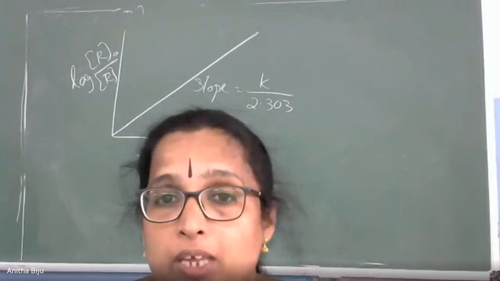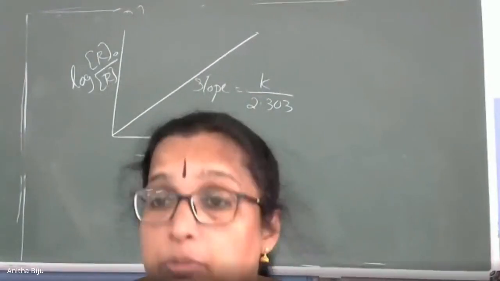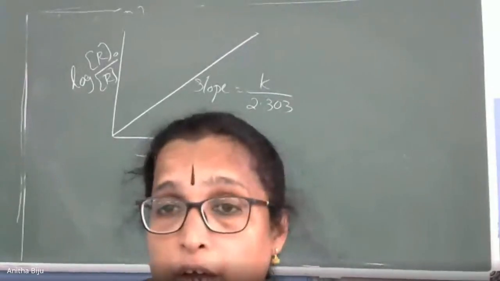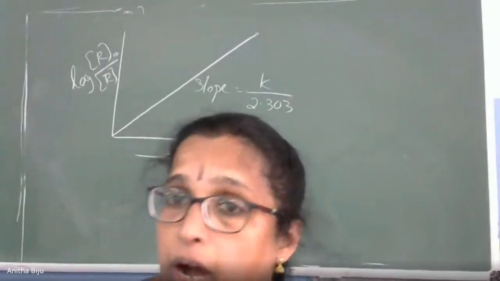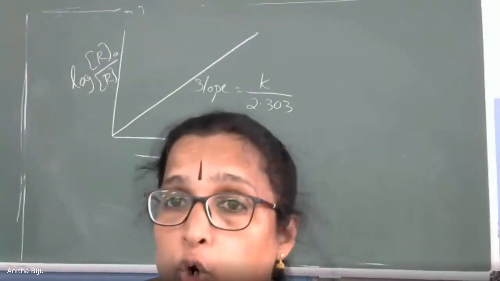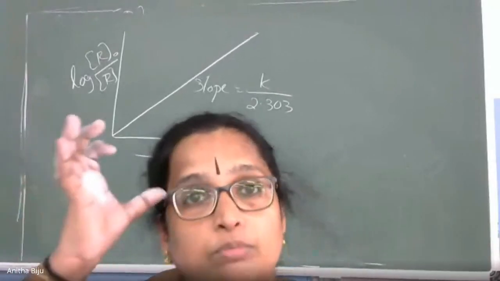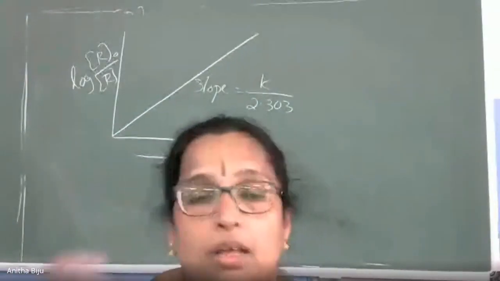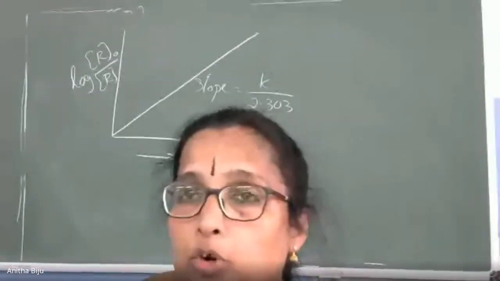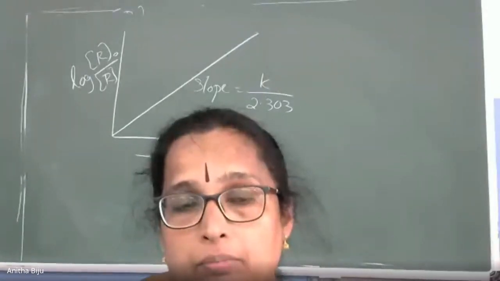The value of K is equal to 60, and time you have to find out. Keep R naught as R naught only. R is equal to R naught upon 16. Substitute these values in the formula. What is the formula? K is equal to 2.303 upon T log R naught by R.